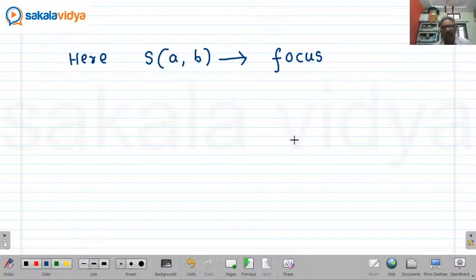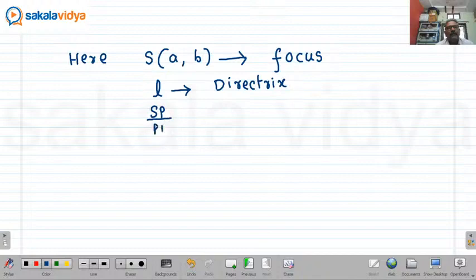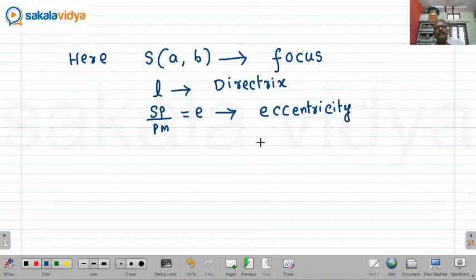The equation of the line L is called the directrix. These are the technical terms in the conic section. The ratio SP by PM, that is E, is called the eccentricity. The fixed point is called the focus, the fixed line is called the directrix, whereas the ratio is called the eccentricity.